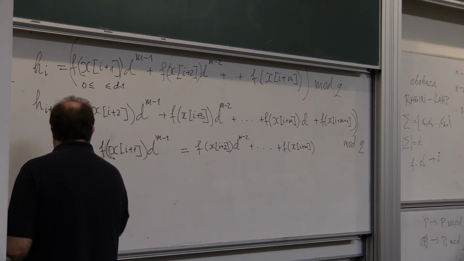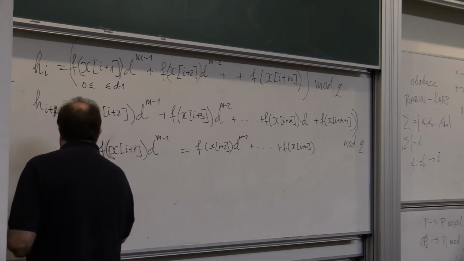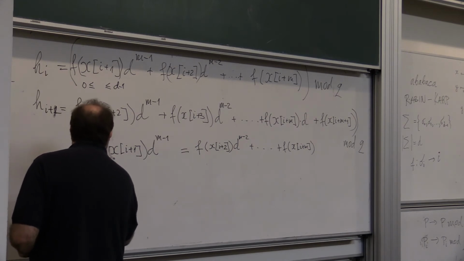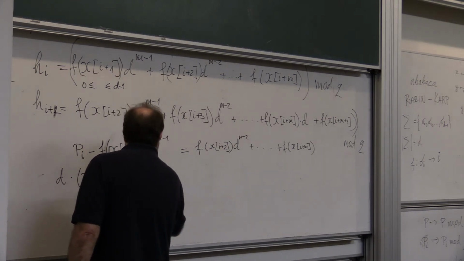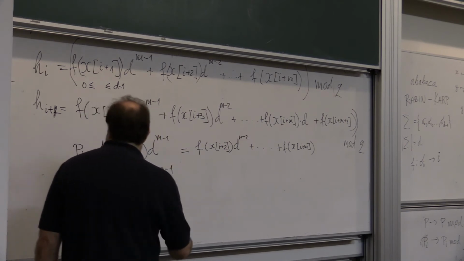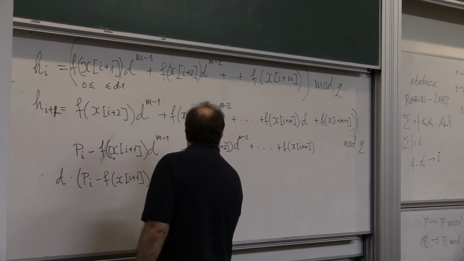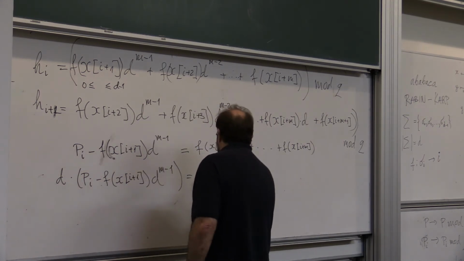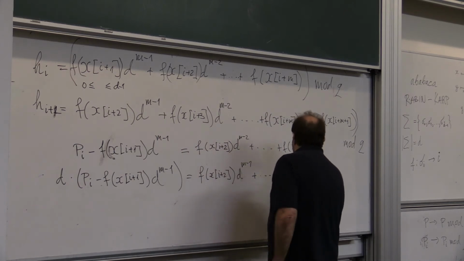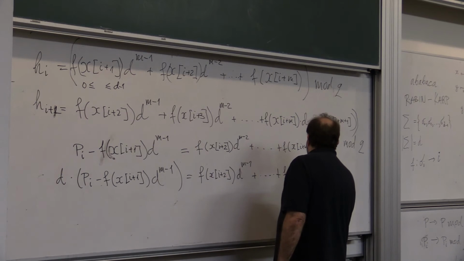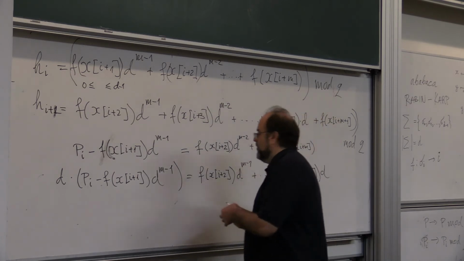So now we have d times p i minus f of x I plus 1 times d to the m minus 1, and then close bracket, will be then just this f of x I plus 2 times d to the m minus 1 now, the power goes up by 1, plus all the way f of x I plus m times d. So we are getting there.